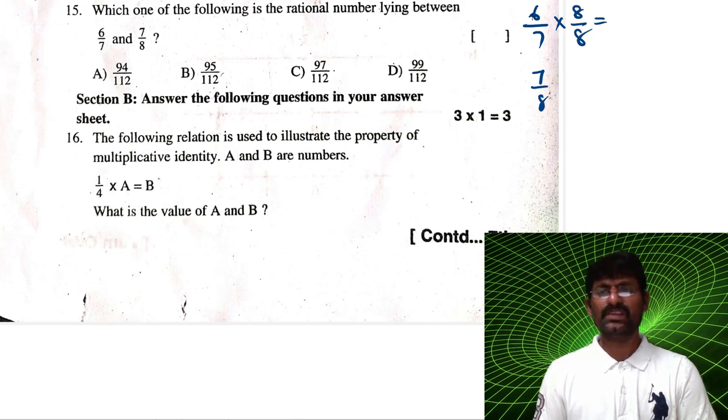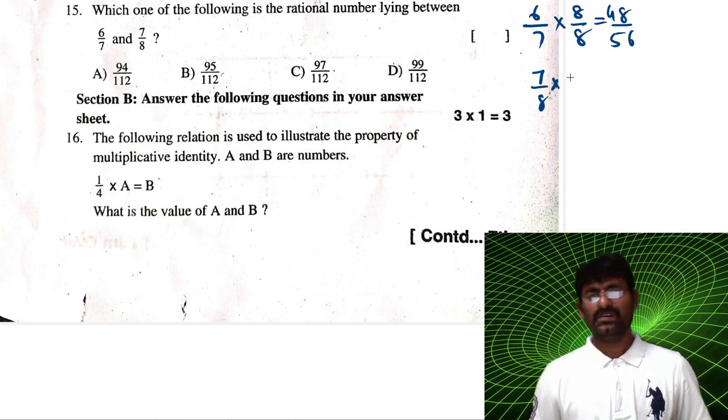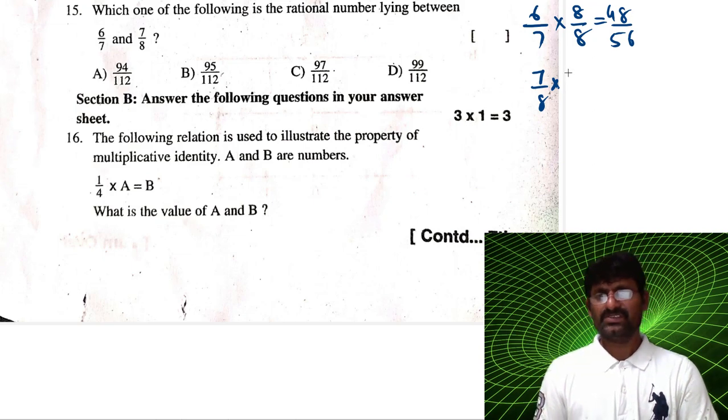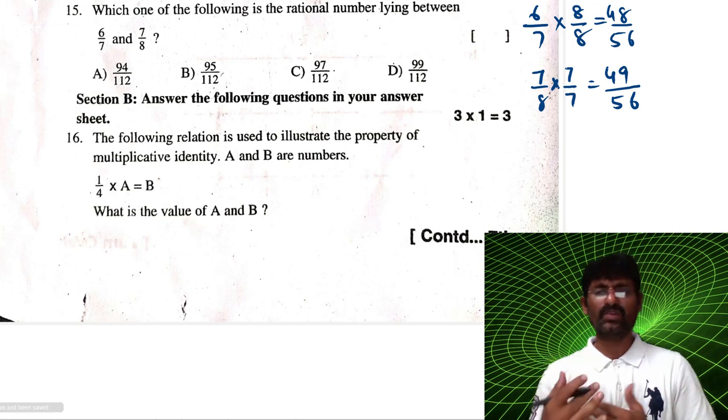So this will be equal to 6 times 8 is 48 divided by 7 times 8 is 56. Now the second one, 7 by 8 we have. Now let us multiply both numerator and denominator by 7. So 7 by 7, this is equal to 7 times 7 is 49 divided by 8 times 7 is 56. Now the denominators are equalized.